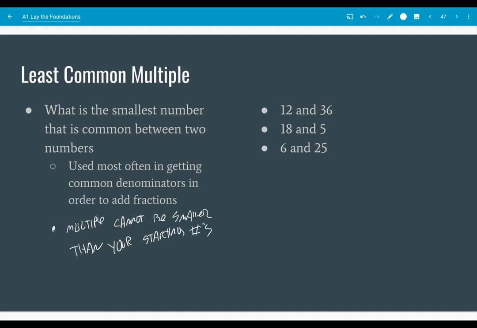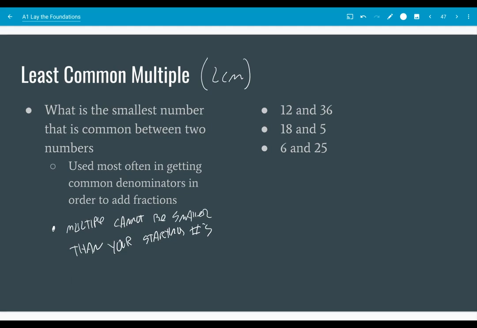Right, so if we look at our first example of 12 and 36, we know they both have factors of 6, so you might be inclined to say 6. But the least common multiple, LCM, can't be smaller than where we started.